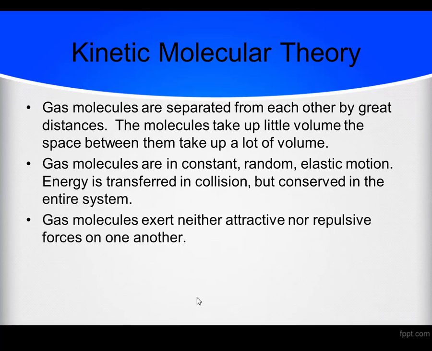Gas molecules are in constant, random, elastic motion, and energy is transferred in a collision but conserved in the entire system. So that's what elastic means. Elastic basically means that when a gas molecule runs into another gas molecule, let's say one gas molecule standing still, just for the sake of argument, the other one runs into it at 100 miles an hour.